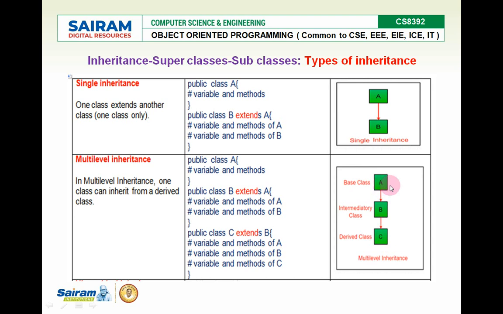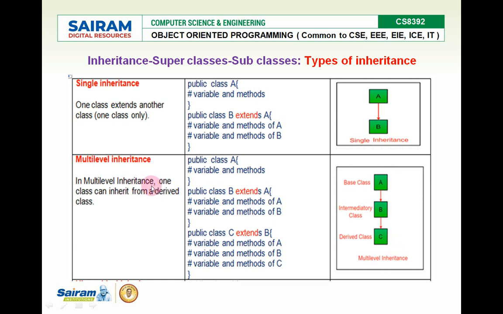This is level 1 and this is level 2. From A to B, methods and data will be inherited. From B, all the methods and data inherited from A as well as B's own methods and data will be inherited to C also. This is called multi-level inheritance, from A to B, B to C.